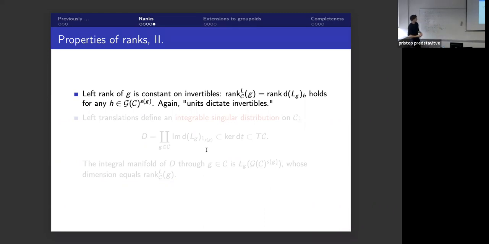And this is the thing that we need to use in order to prove this. So how do we do that? Well, Lie groupoids have this quality that the target map restricted to the source fibers has constant rank. Okay, so basically the target map restricted to a source fiber has constant rank.